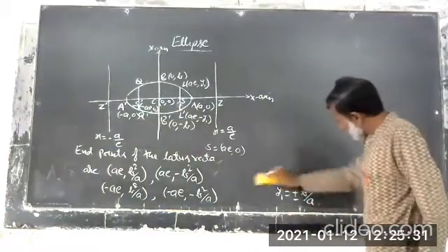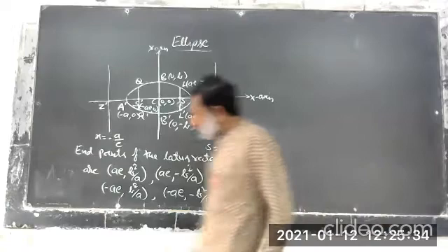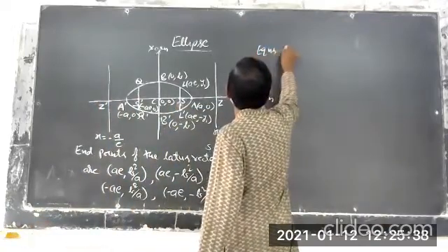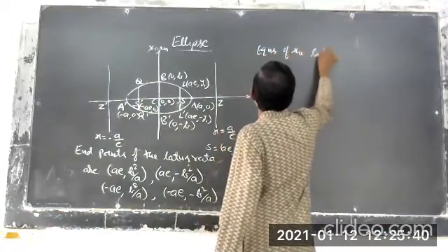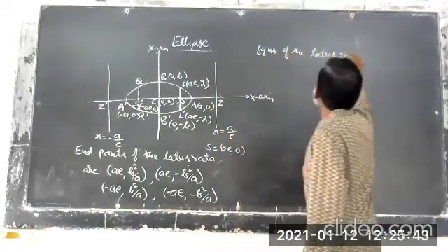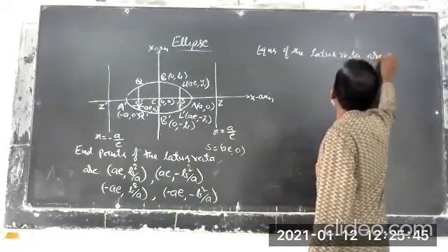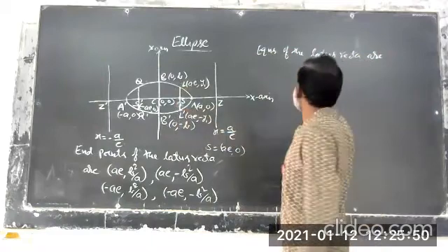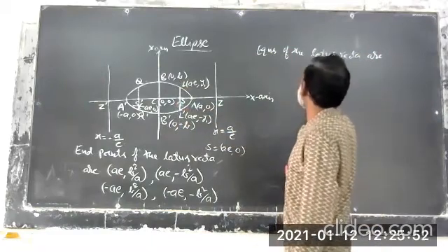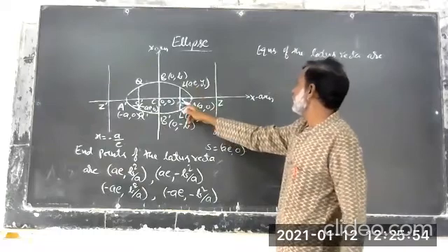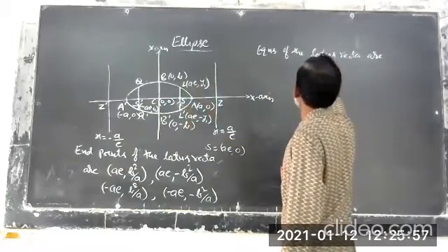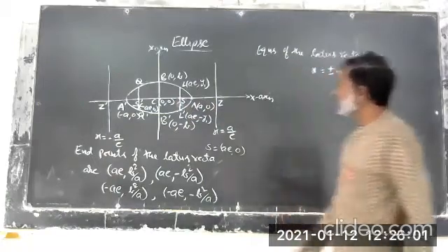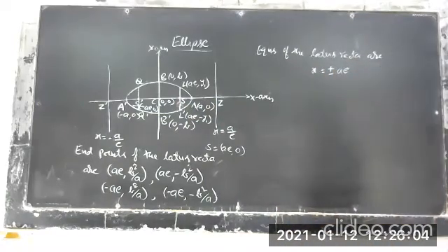Similarly, we could also write the equations of the latus rectum. What is the equation of this latus rectum? It is parallel to the y-axis and passing through (AE, 0). Therefore, x is equal to plus or minus AE.